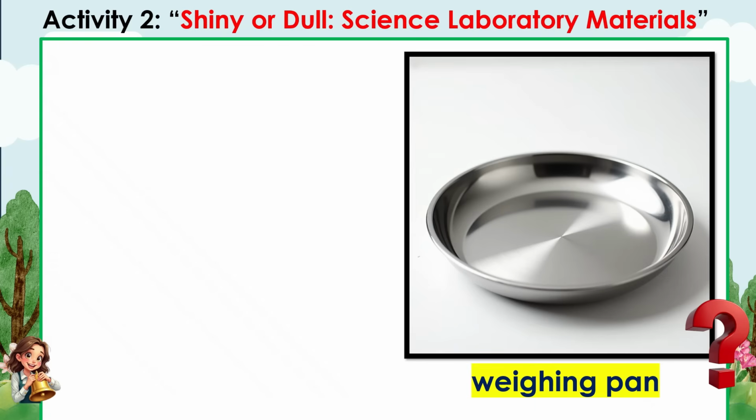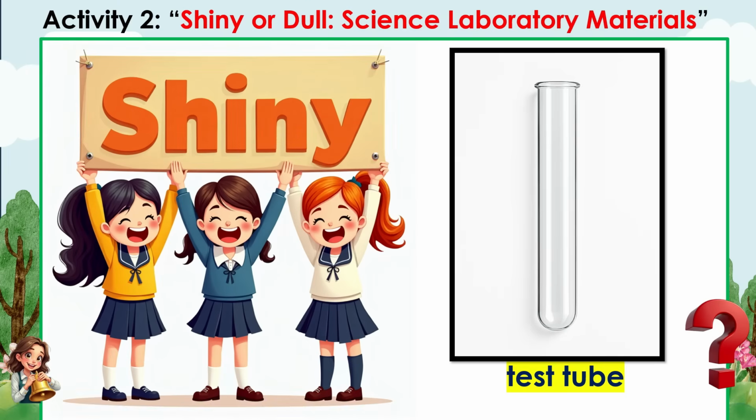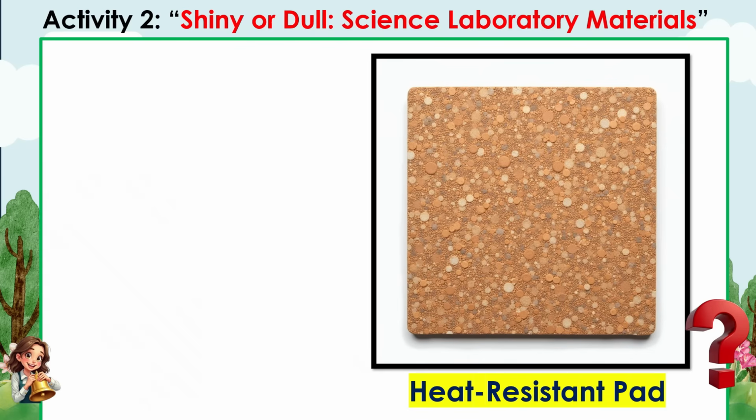It is dull. Weighing pan. It is shiny. Test tube. It is shiny. Heat-resistant pad.